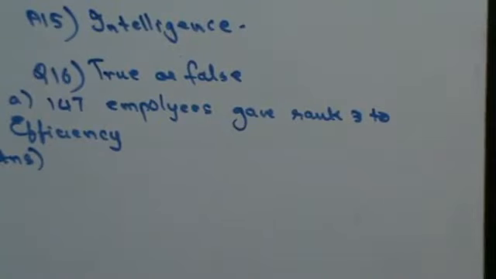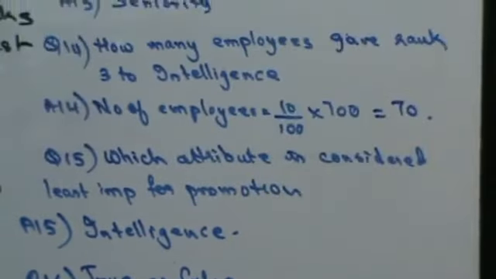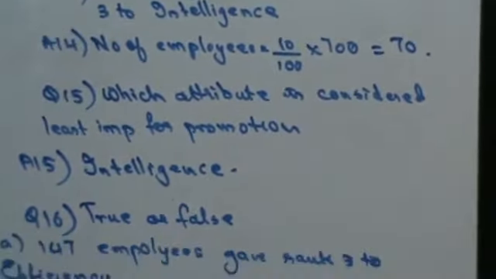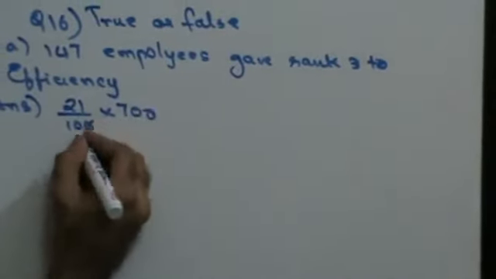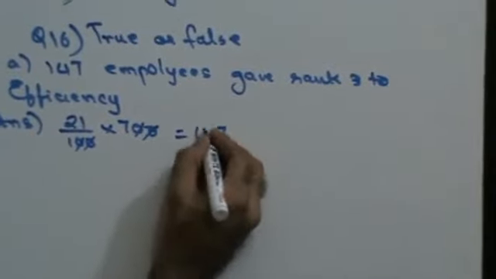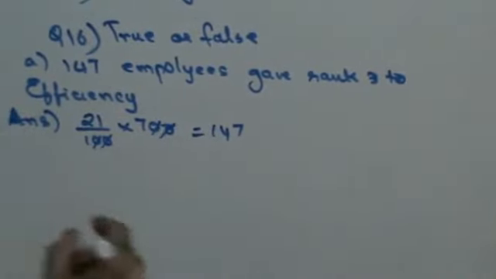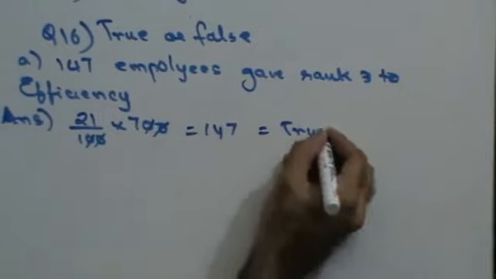Rank 3 to efficiency: 21% have given rank 3 to efficiency. So 21% of 700 is 147. So the answer will be true.